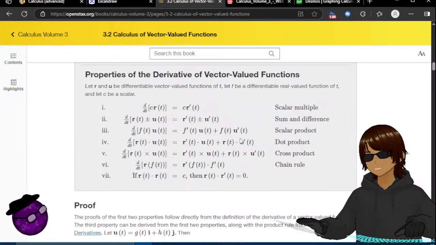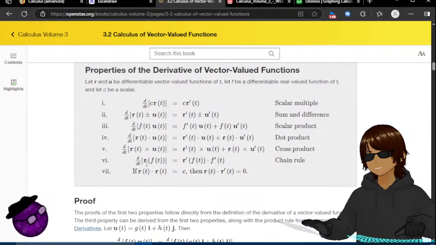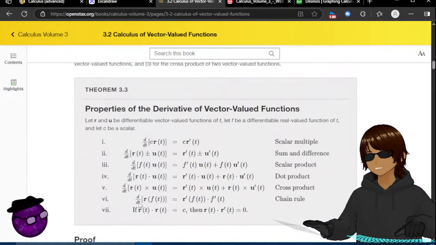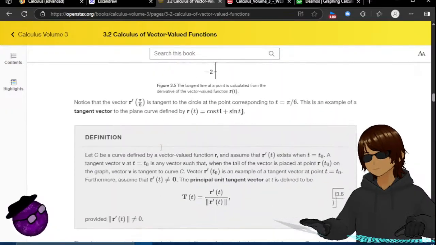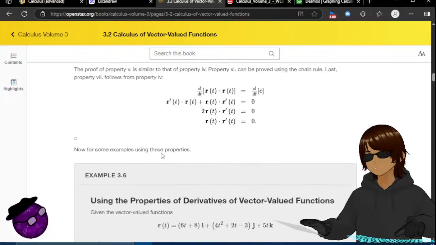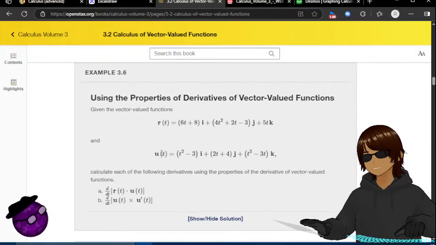For dot product, we follow the multiplication rule, and it's the same for cross product: derivative of the first times the second plus the first times the derivative of the second. Okay, just need a reminder for that.